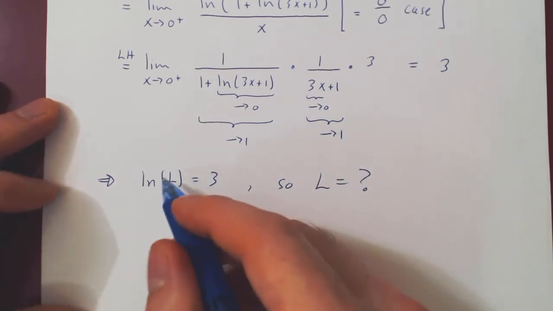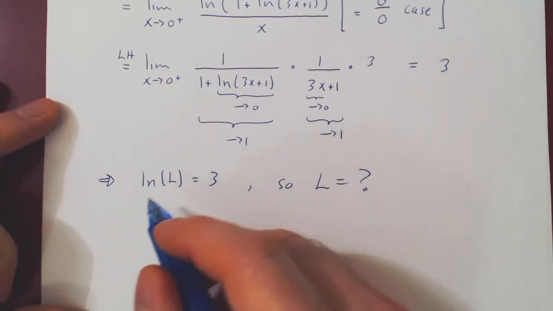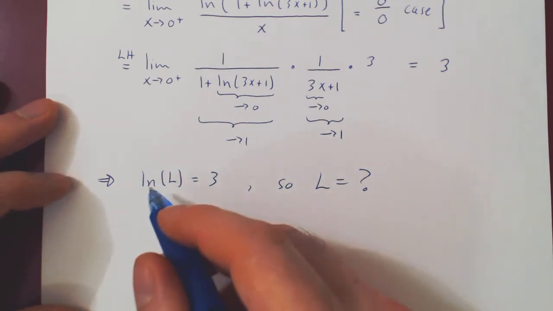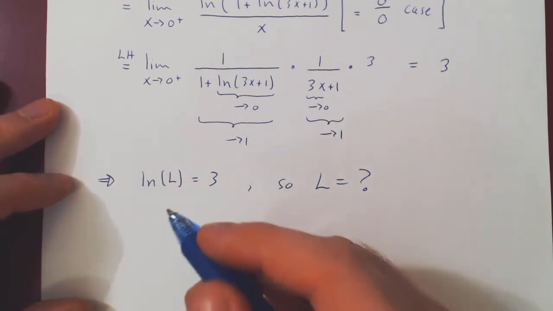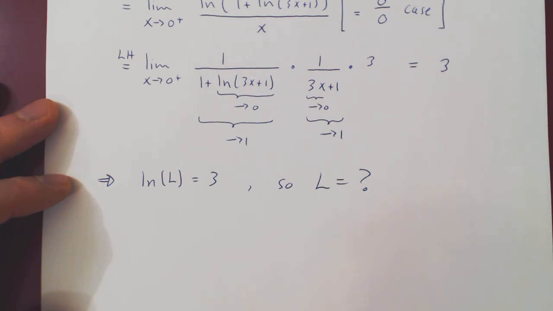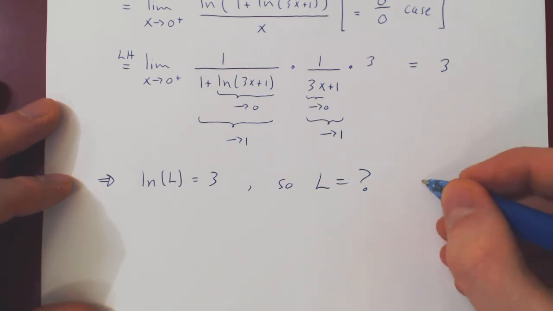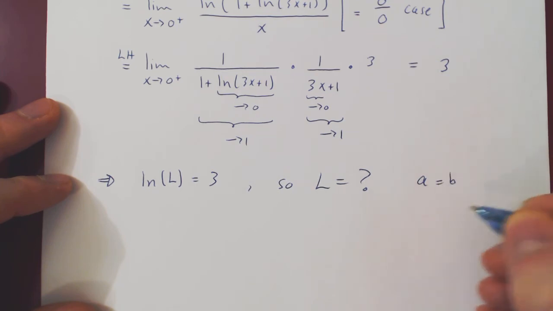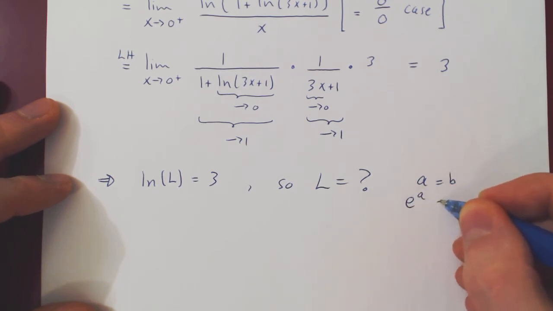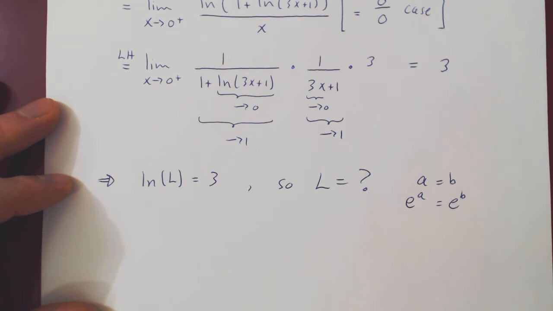Well, to solve for the original limit, we have to cancel the natural logarithmic function. And of course, this is done using the inverse, the natural exponential function. And the idea again is very simple. If a equals b, you can exponentiate both sides, and the equality is preserved, right?